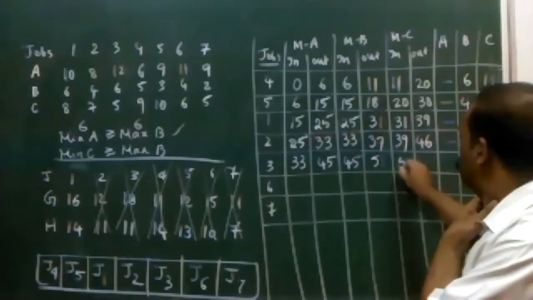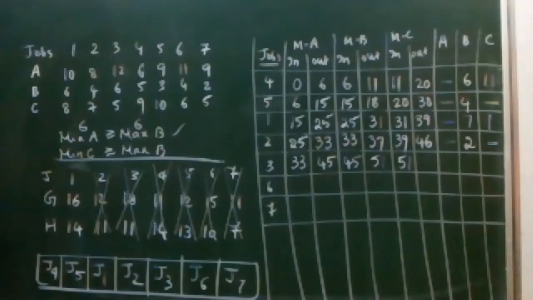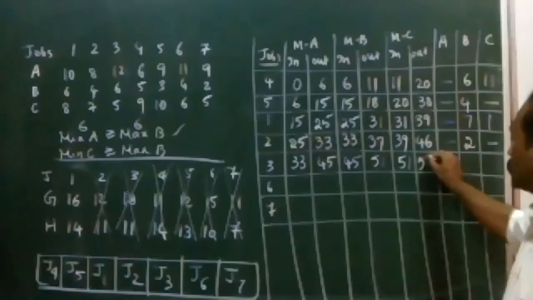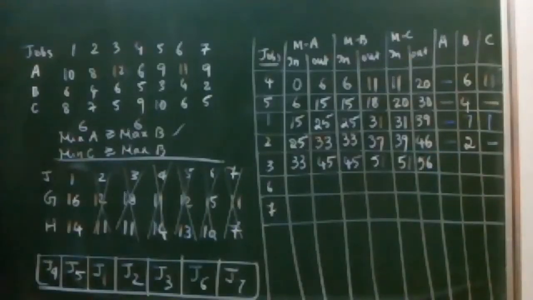Again here it starts at 51, and what time does it complete? 56. So there is no idle time here. There is an idle time of totally 8 minutes. And here again there is an idle time of 5 minutes. So these are the values we have got.